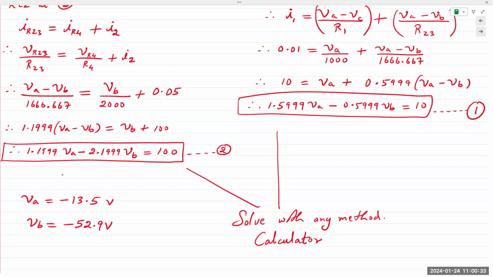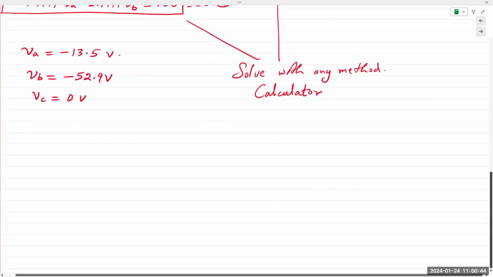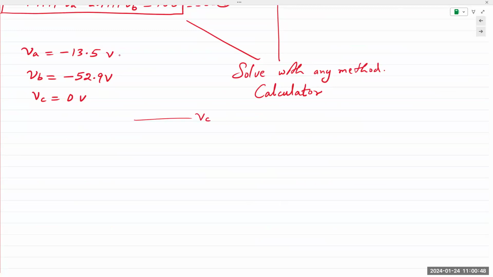And the reason is VC is equal to 0 volts. So if I plot these 3 dots according to these values, if this is VC, my VB is somewhere here and my VA is somewhere here.